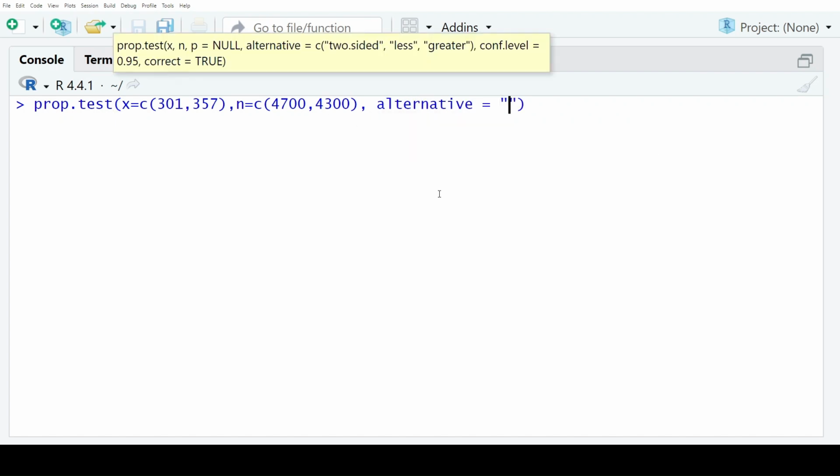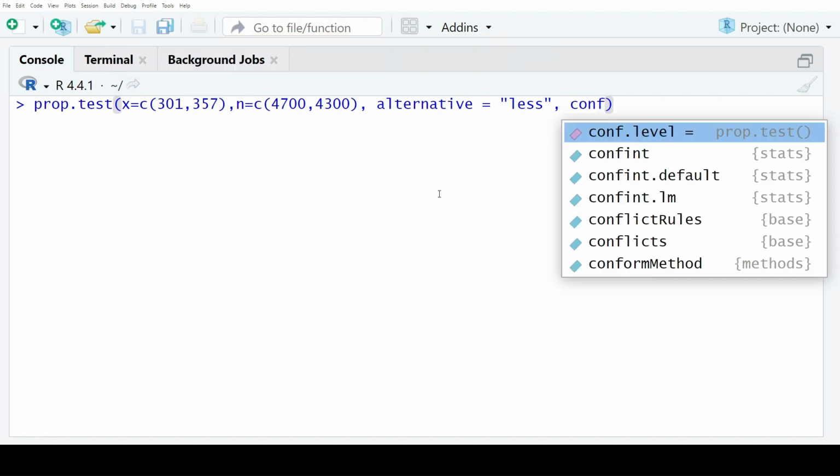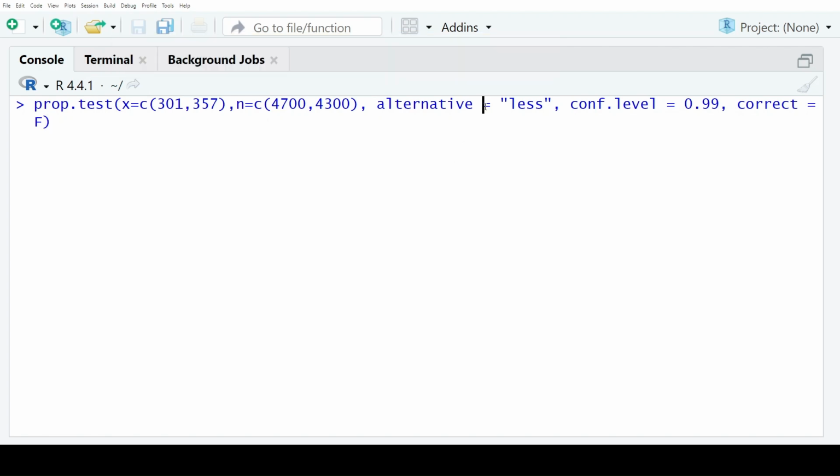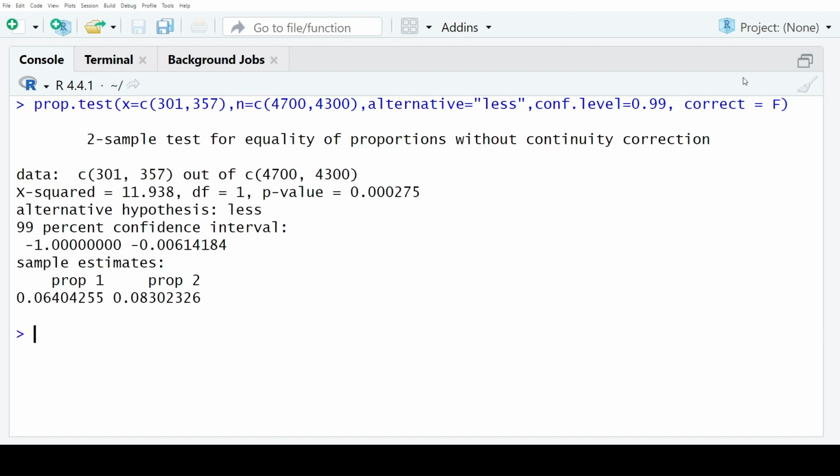Alternative equals less. Confidence level equals 0.99, because that's 1 minus 0.01. And correct equals false. Let me just remove some of these spaces so it all fits on one line. There we go. There is my prop dot test.